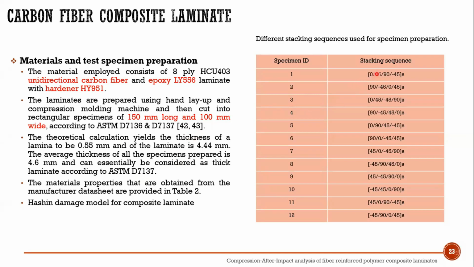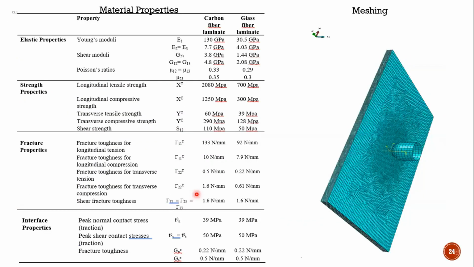we give that thickness to our model. Some of the material properties are provided by the manufacturer, and some we get from literature. We have different material properties such as elastic properties, like moduli. For strength we have tensile strength, compressive strength and shear strengths.